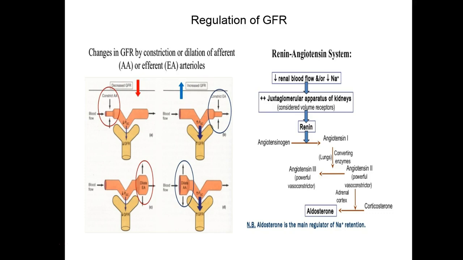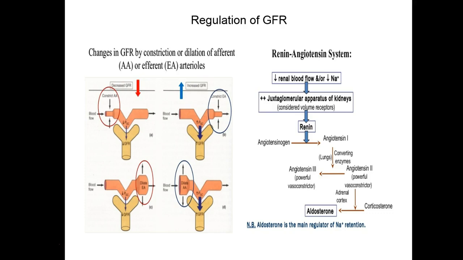And it has receptors in it that are going to pick up levels of volume. If the levels of volume are considered low, then renin will be released. Renin is a hormone that acts on angiotensinogen. Important that I say the gen part, because remember that anytime you see the gen, it's inactive, but it can give rise to.